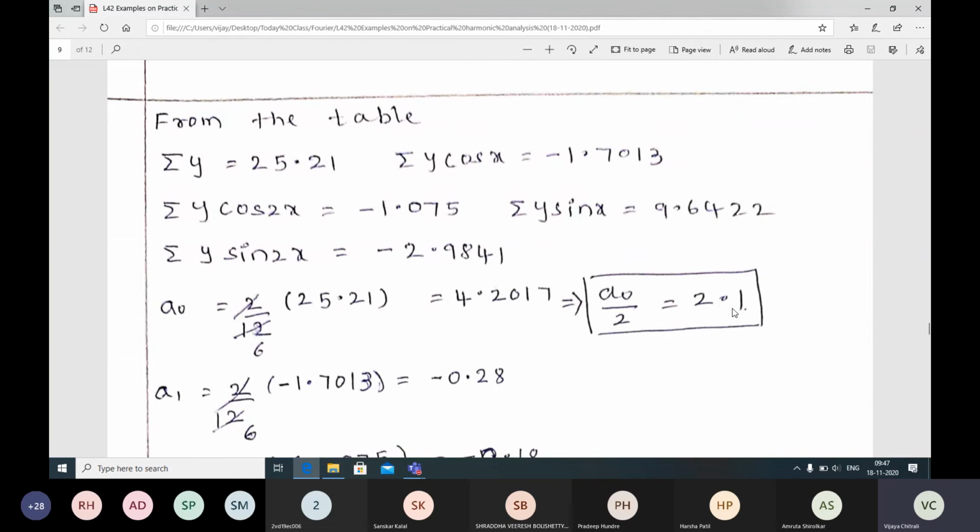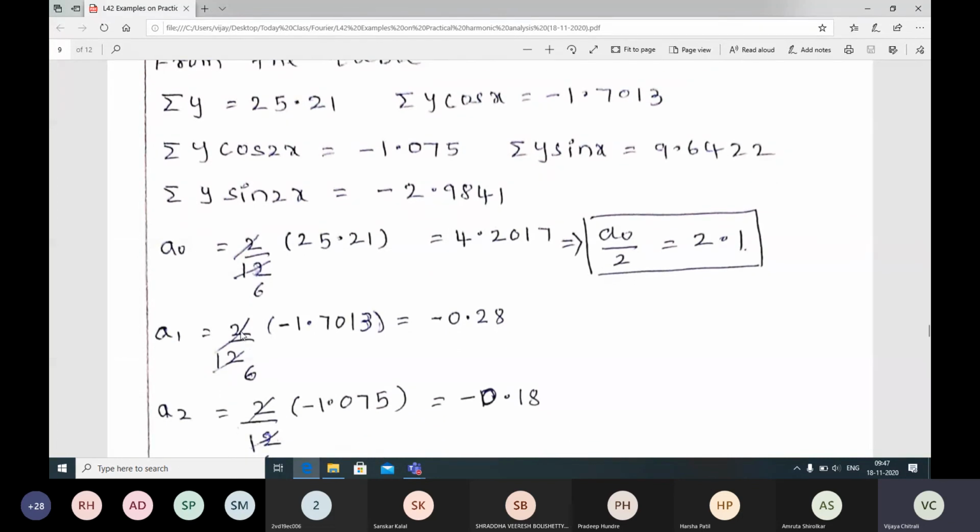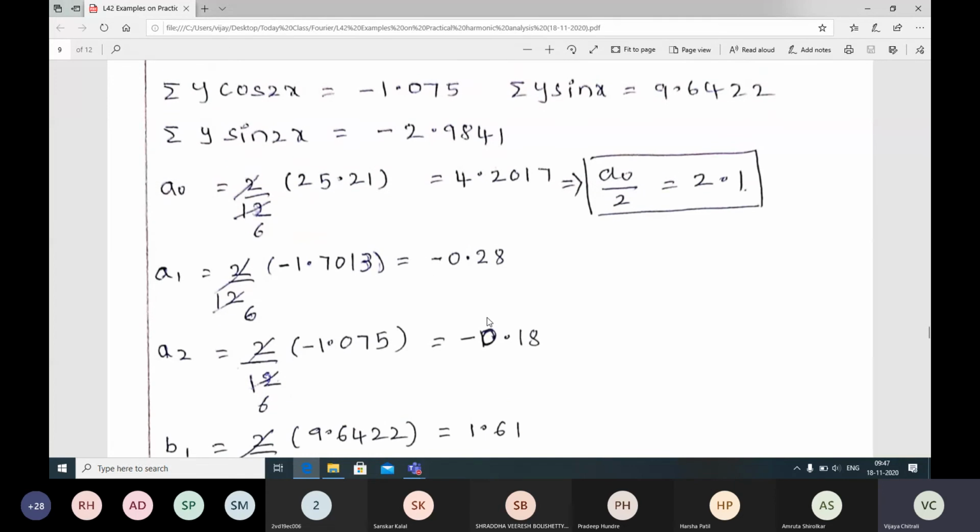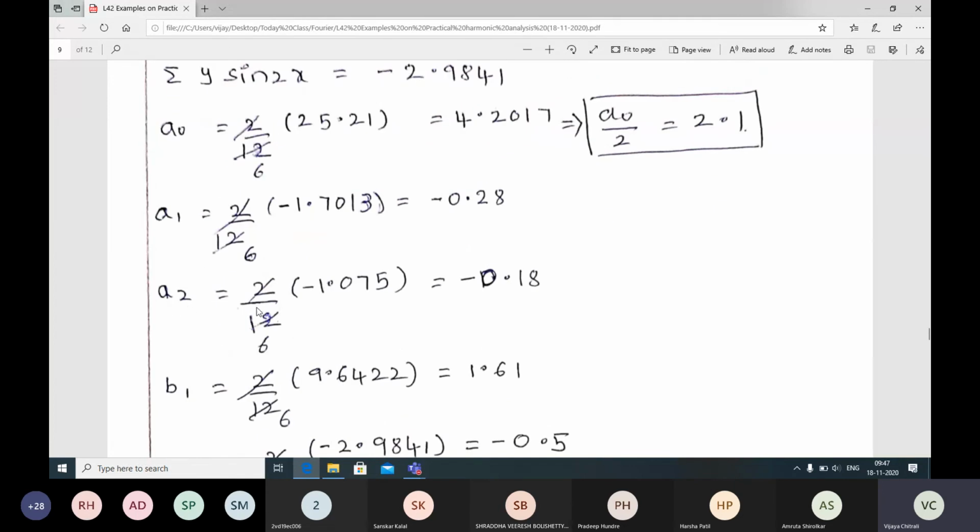Next, a1 is 2 by capital N into summation of y cos x. Summation of y cos x is minus 1.7013, and capital N is 6. 2 ones are 2, 6 are, minus 1.7013 divided by 6 is minus 0.28. Now calculate a2. a2 is equal to 2 by capital N summation of y cos 2x.